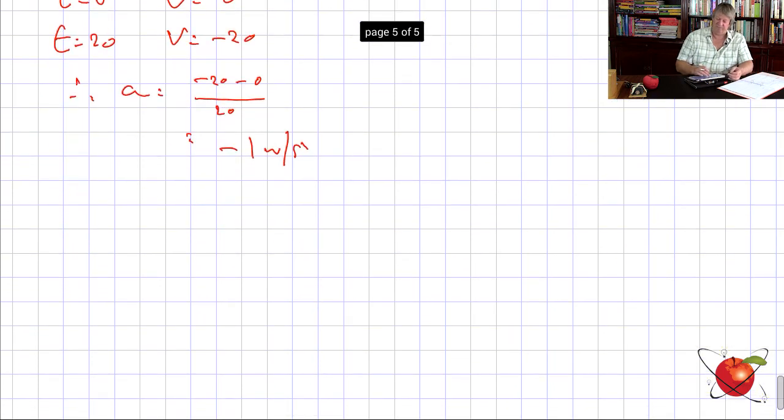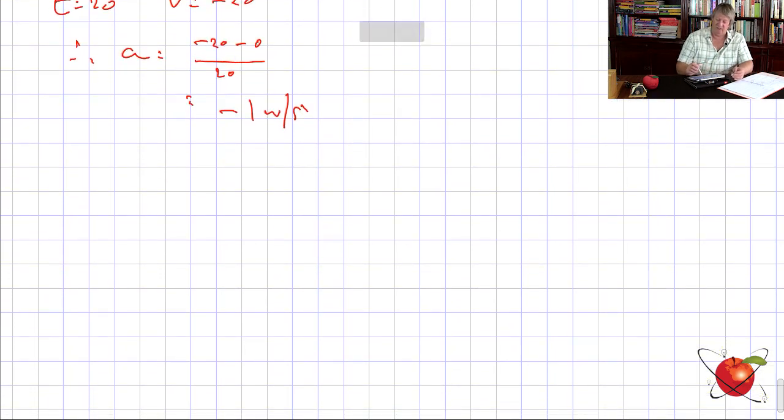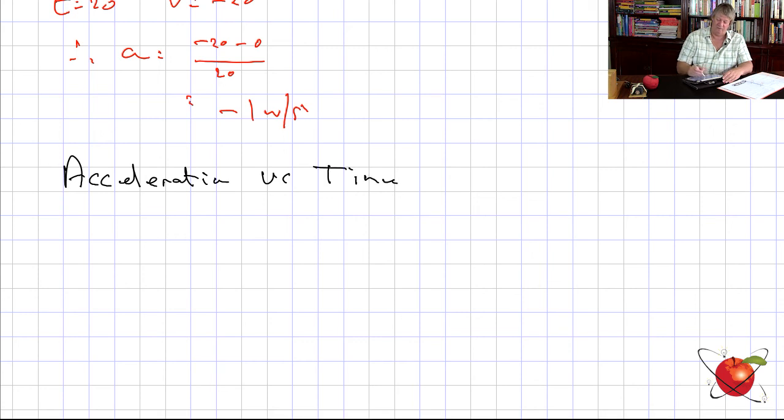Next one is acceleration versus time graphs. What do they look like?